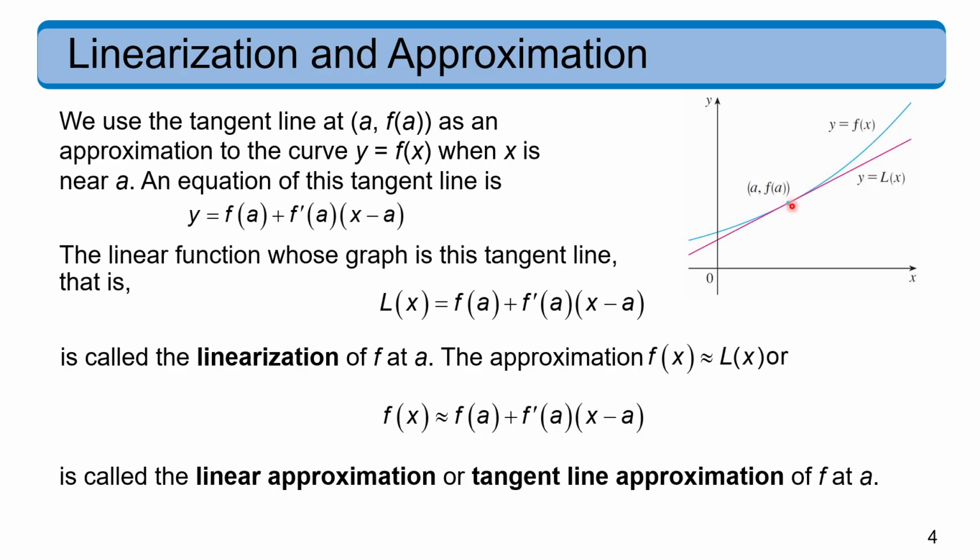We're approximating f, which is a curve, with a linear function, which is the tangent line, at the given point. And so again, the idea that we've been discussing is that L of x is approximately equal to f of x, right? The wavy equal sign means they're approximately equal, which means f of x is approximately equal to the formula for L of x.